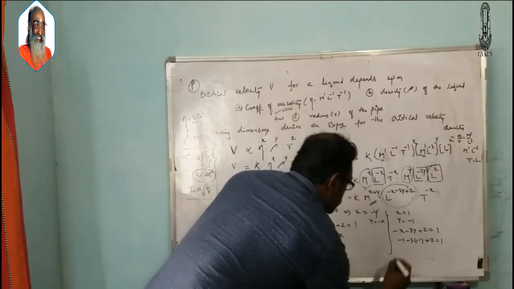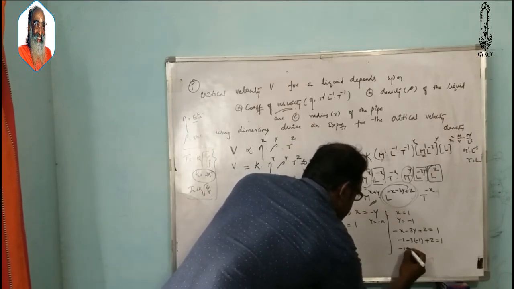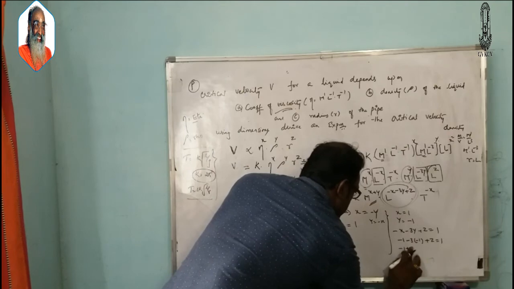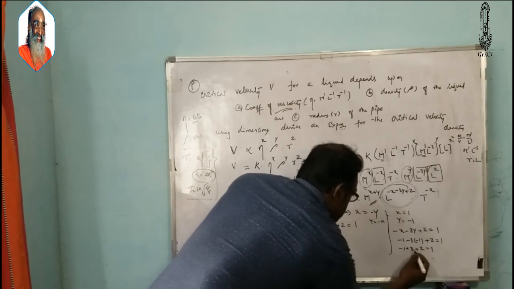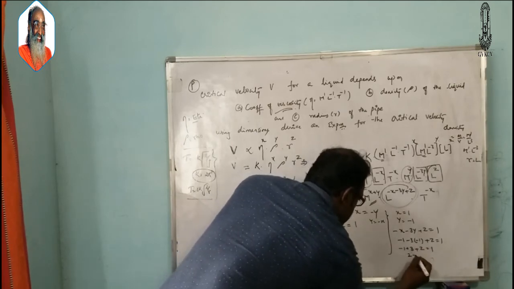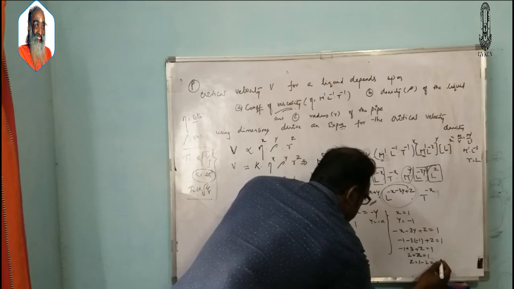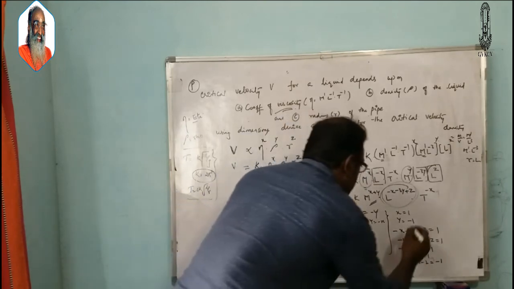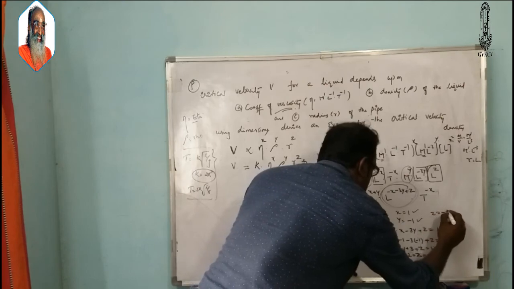So minus 1 plus 3 plus z is equal to 1. Minus 1 plus 3 is 2, so 2 plus z is equal to 1, and z is equal to 1 minus 2, so it is minus 1. So we got x is equal to 1, y is equal to minus 1, and z is equal to minus 1.